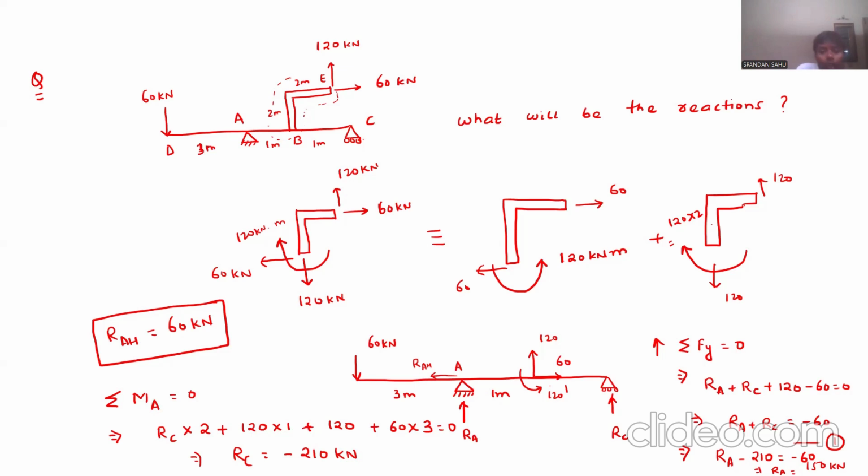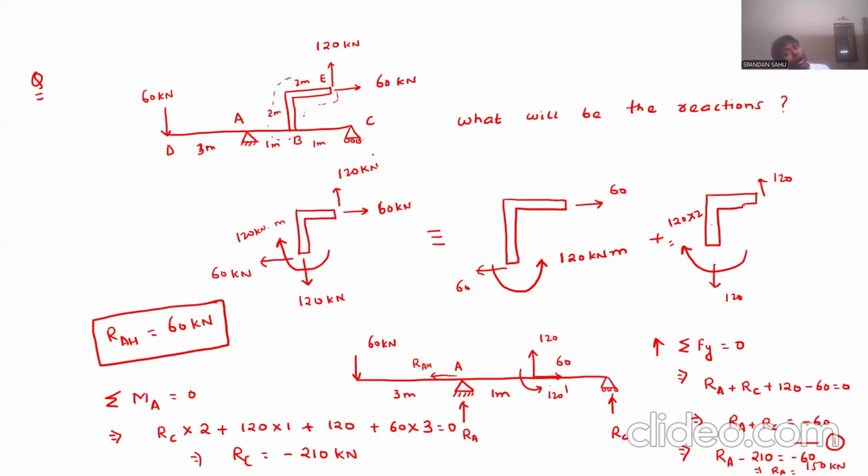Okay. So there is a doubt how these moments I am writing. Now please tell me, this 60 kilonewton and this 60 kilonewton are separated by some length, that is 2 meter. If they are separated by 2 meters, so these 60 and 60 will try to rotate that bar in which fashion? It will be in clockwise fashion. So the entire bar is not in equilibrium right now.